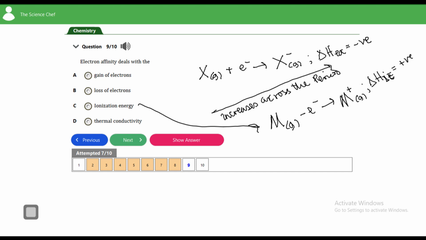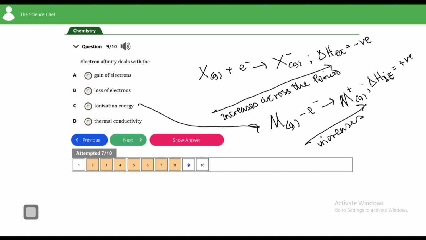Delta H, IE, is positive. If it requires the removal of the first valence electron, it is called the first ionization energy. The second valence electron is called the second ionization energy. And ionization energy, just like electron affinity, also increases across the period from left to right and decreases down the group. Ionization energy is mostly associated with metals.